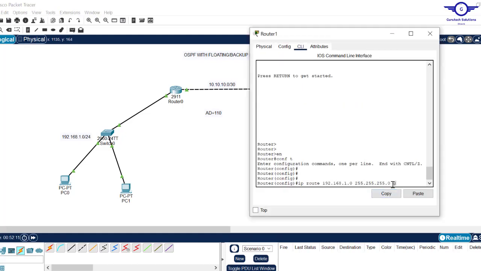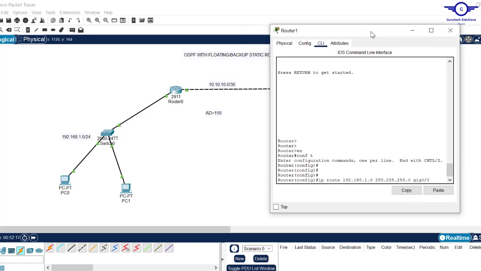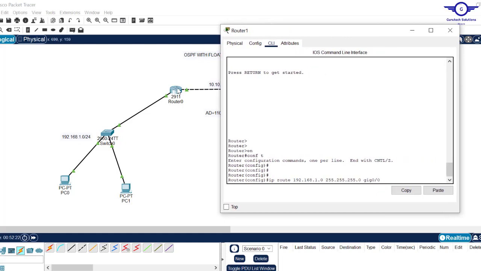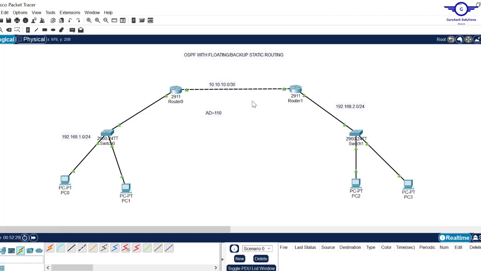You can use the outgoing interface like I said previously, or the IP address of the next hop interface. In the first case, I used the IP address of the next hop interface. In the second case, I'm using the outgoing interface. When this router receives a packet destined to this place, it will forward it through this interface.